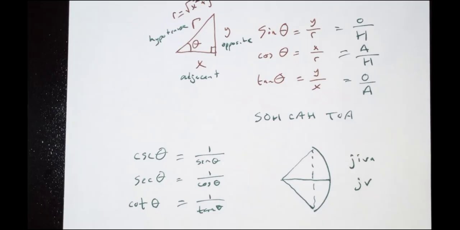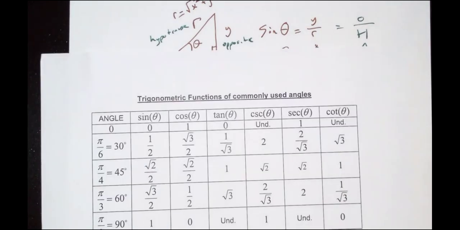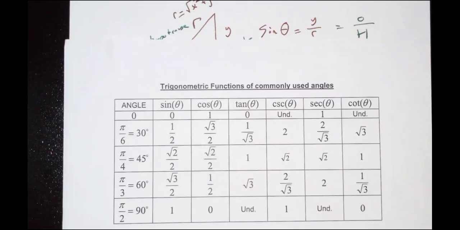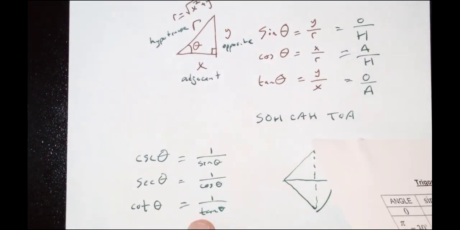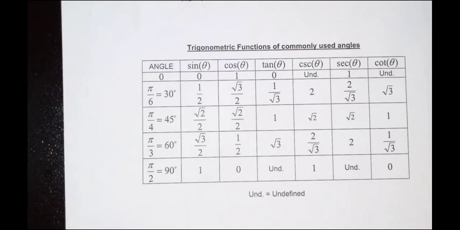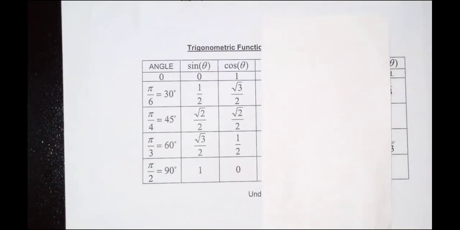There's a set of angles that I told you should know, right? These angles that you should know have trig functions you should know. Now, I'm going to also tell you that these three, secant and cosecant and cotangent, I don't bother to remember. I use this. But I want to think about just sine and cosine for a minute. I need to memorize those. Those go with these angles, right?